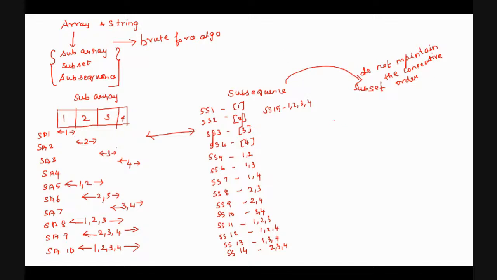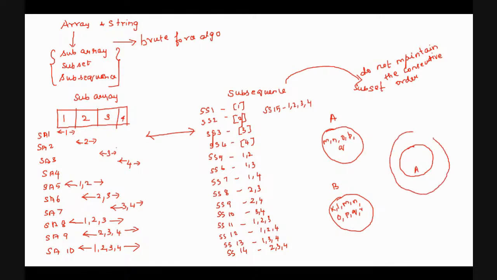Okay. So now let us consider a simple example. We'll consider a set A, which consists of the characters M, N, O, P, Q. And then let's consider another array B which consists of the characters K, L, M, N, O, P, Q, R. And I'm going to form a subset now. Listen carefully.